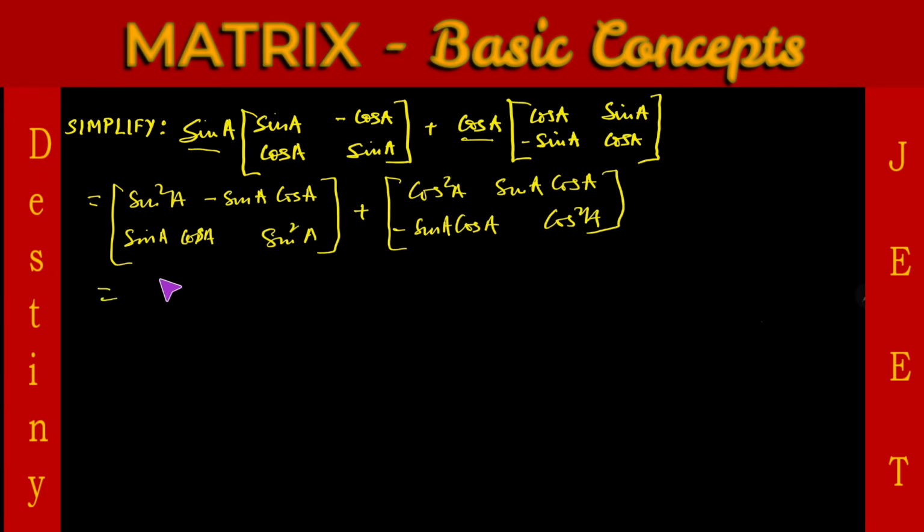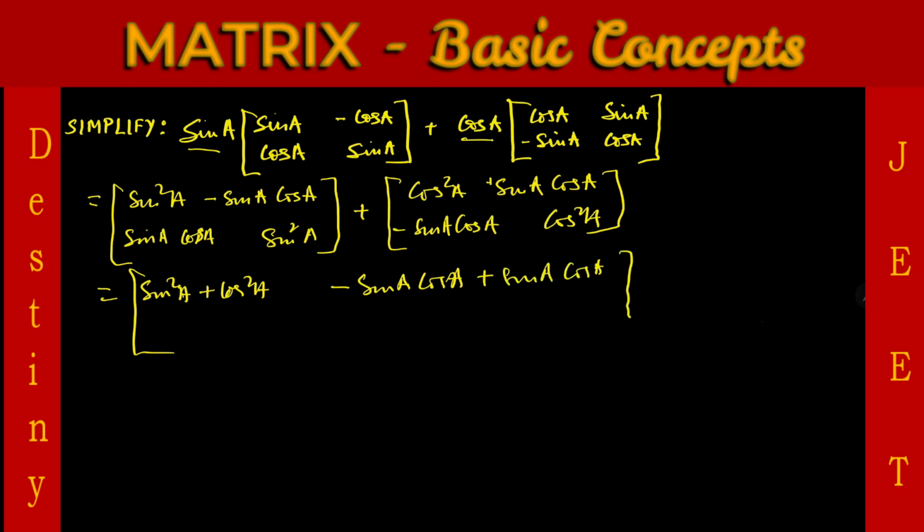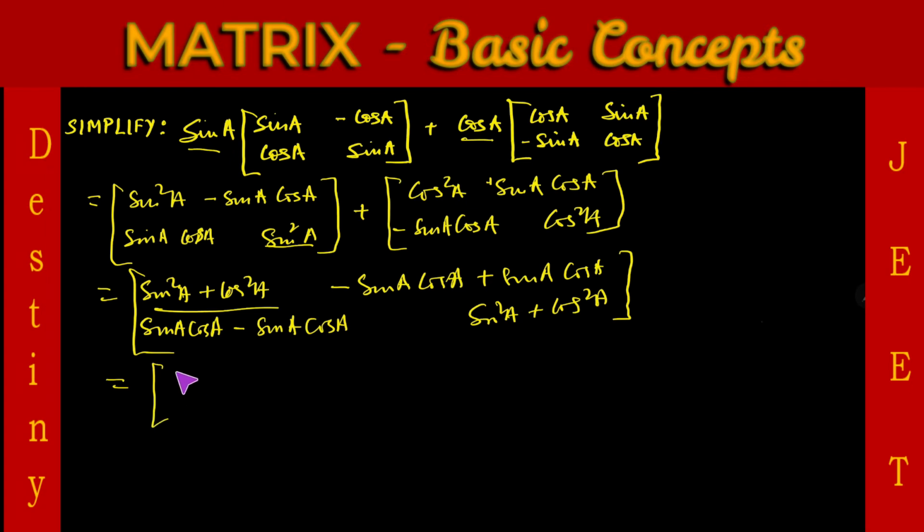We get sine square A plus cos square A. Next we get minus sine A cos A plus sine A cos A. Next we get sine A cos A, and minus sine A cos A, and here we get sine square A plus cos square A. Now from trigonometry we know that sine square A plus cos square A is equal to 1.